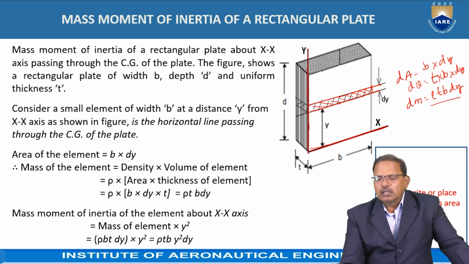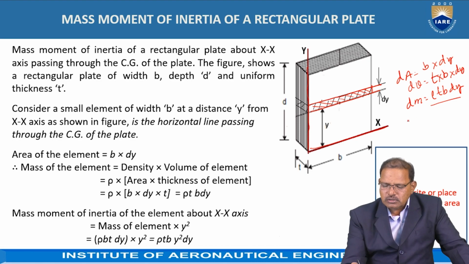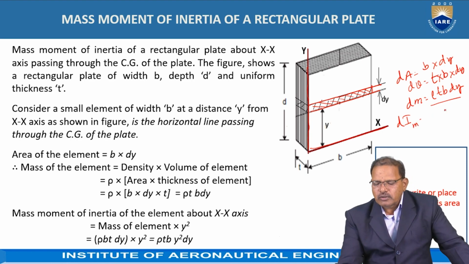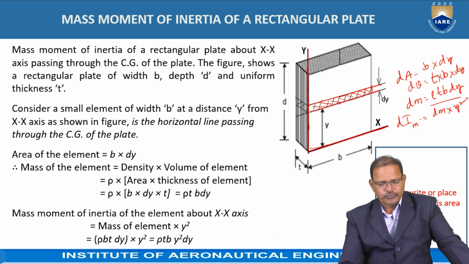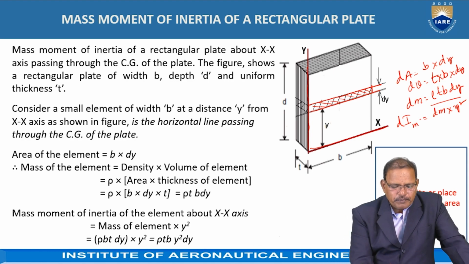Hence, the moment of inertia possessed by this elementary mass about the x-axis is dI equal to mass multiplied by the square of the distance, which is equal to dm into y square. So the mass of the element is density times volume of the element, rho into area and thickness, rho into b dy into t, rho t b dy, we got it.